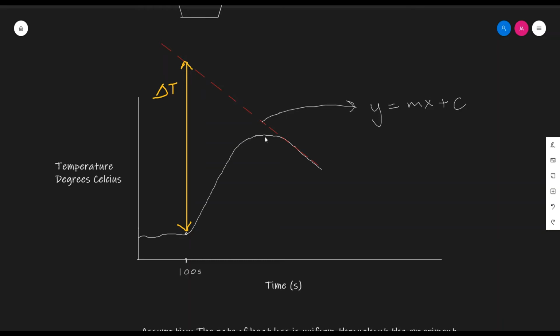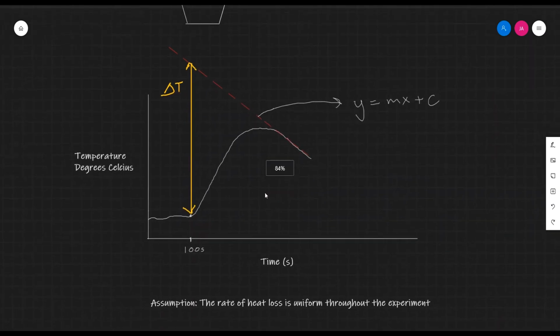Once the reaction stops, the heat loss to the surroundings continues, and thus the temperature starts to drop once again. We will assume when using this graph that the rate at which heat is lost during the reaction equals the rate at which heat is lost after the reaction, within the cooling curve. This assumption is written here.